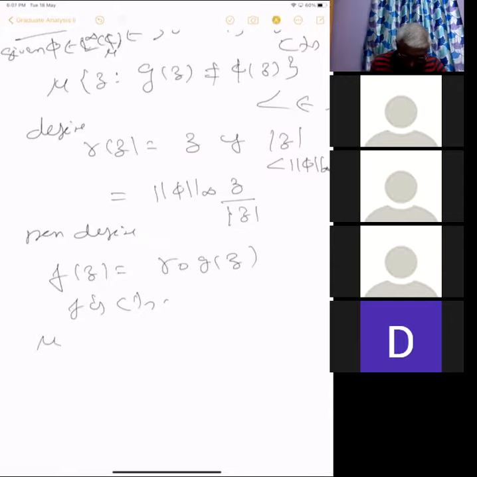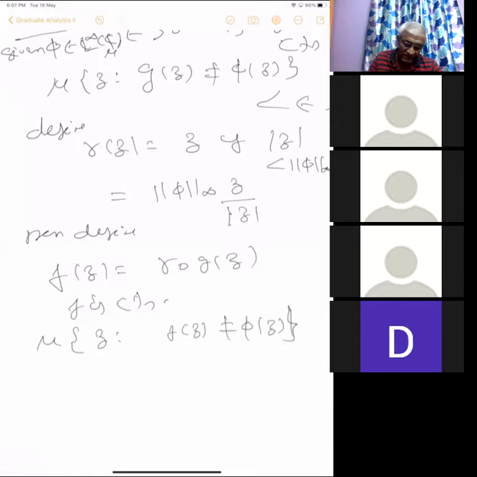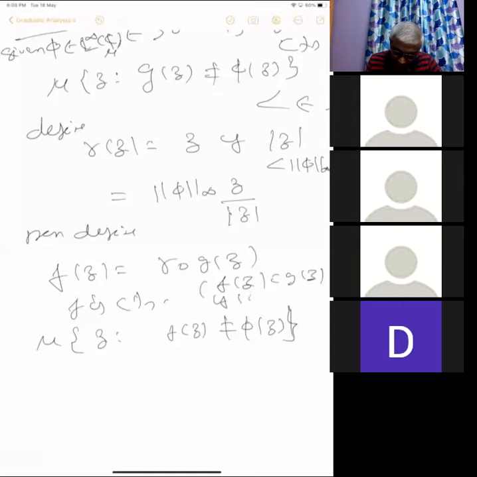Then mu of the set of Z such that f of Z is not equal to phi of Z. Because R of Z equals Z in that range, f is just R composed with g. So f of Z is equal to g of Z if mod of g of Z is less than or equal to norm phi infinity.